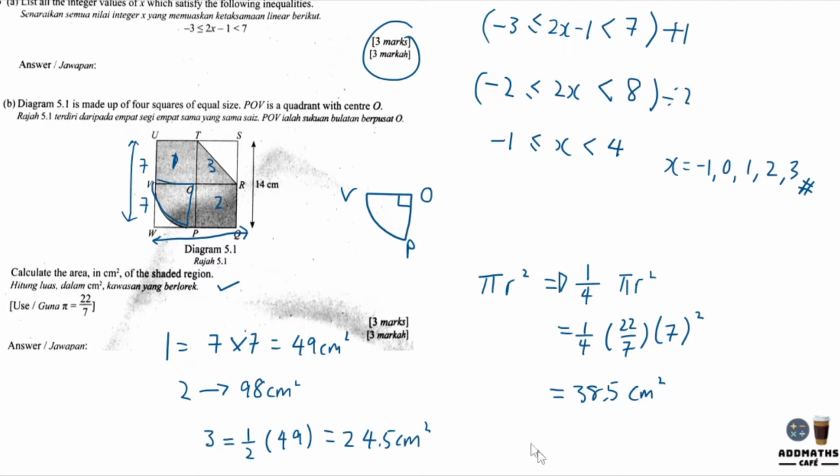So in this case, you are required to find all the shaded region. The shaded area will be 38.5 cm squared plus 24.5 plus 98. The final answer will be 161 cm squared. So this is the final answer.